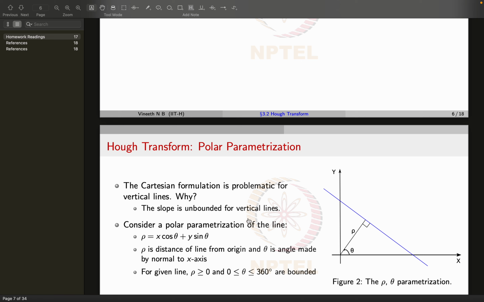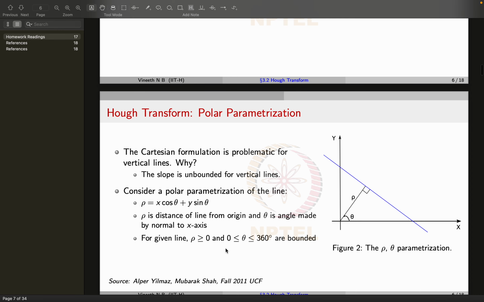That is why the polar parameterization is used. Even here we have only two parameters, right? One is the distance from the origin and the other is the angle. So we have two parameters, rho and theta.